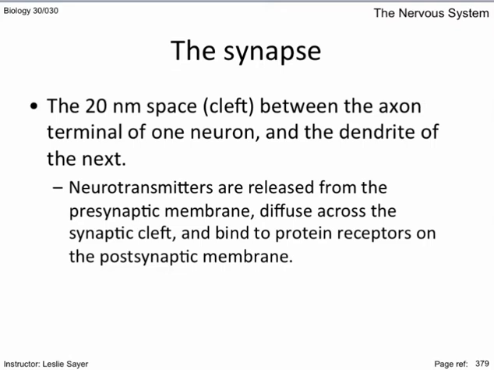These chemical messengers are released at the synaptic terminal from vesicles by exocytosis when the action potential reaches the axon terminal. In less than 1 millisecond, the neurotransmitters are across the synaptic cleft and start binding to the protein receptors on the postsynaptic dendrite.